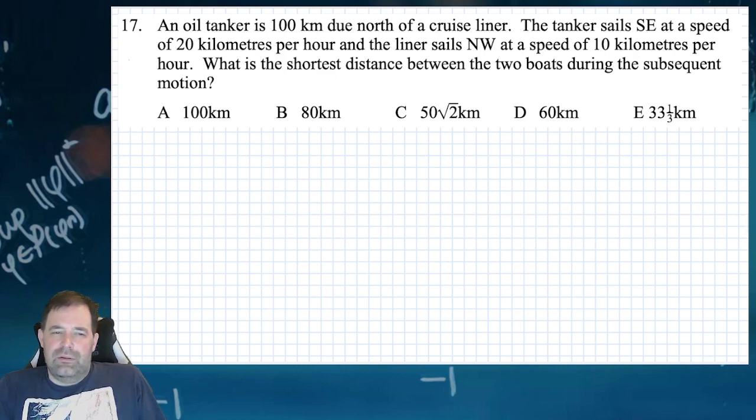Okay. So if you have an oil tanker that is due north of a cruise liner, the oil tanker is going that way and the cruise liner is going that way.